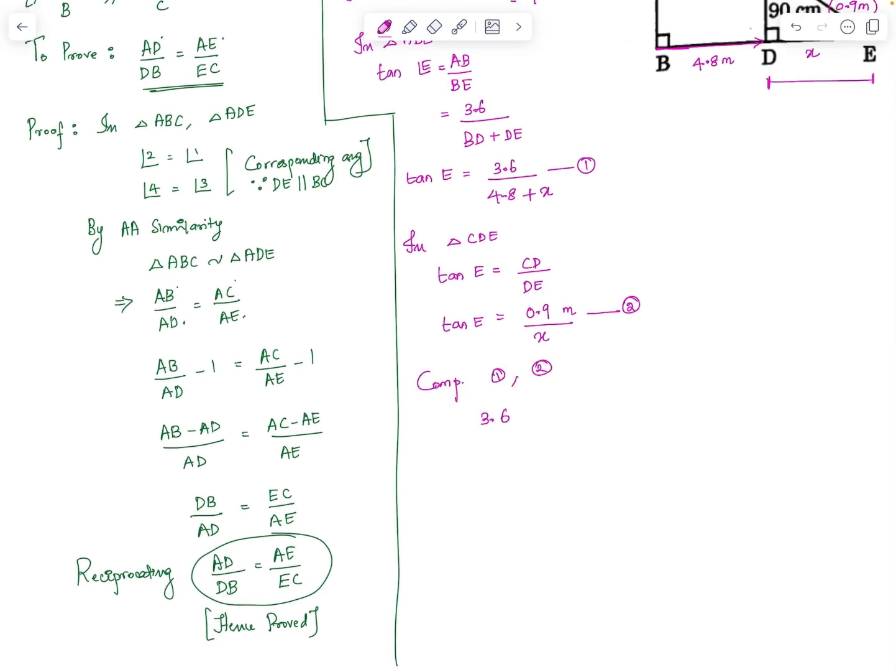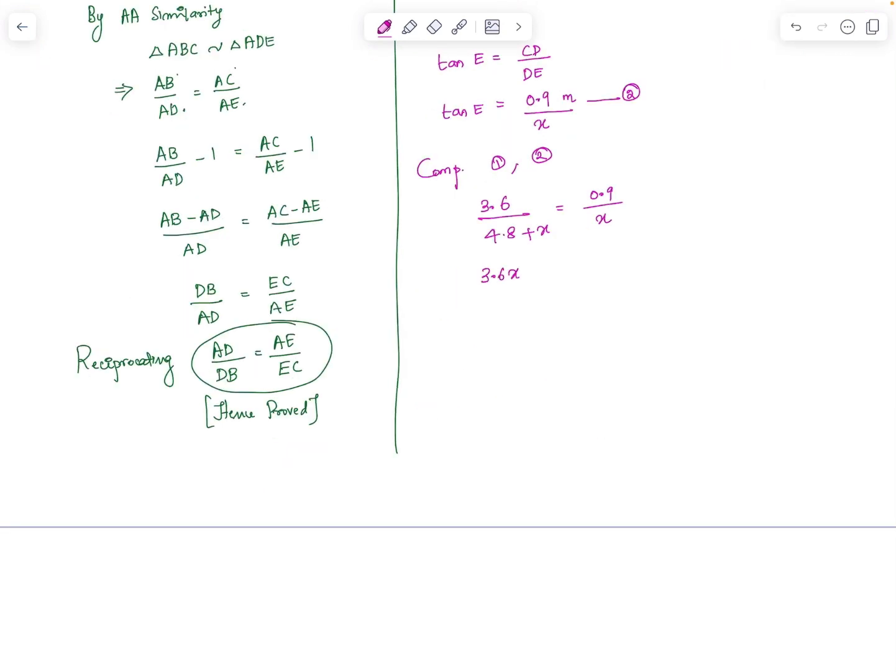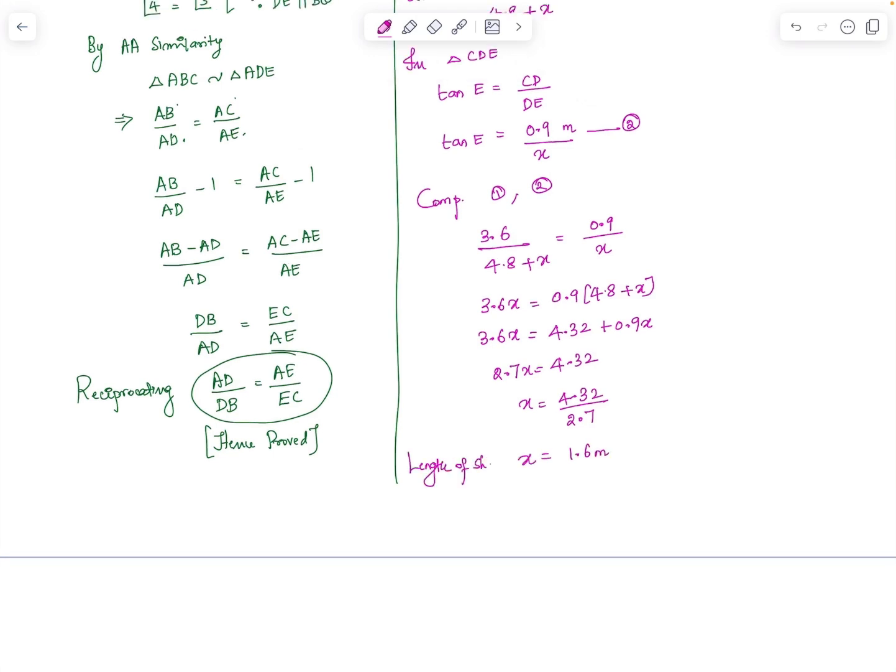We can say that 3.6 upon 4.8 plus x is equal to 0.9 upon x. 3.6x is equal to 0.9 times (4.8 plus x), which is 3.6x is equal to 4.32 plus 0.9x, that is 2.7x is 4.32 and x is equal to 4.32 upon 2.7, which is nothing but 1.6 meters. That is, the length of the shadow is 1.6 meters.